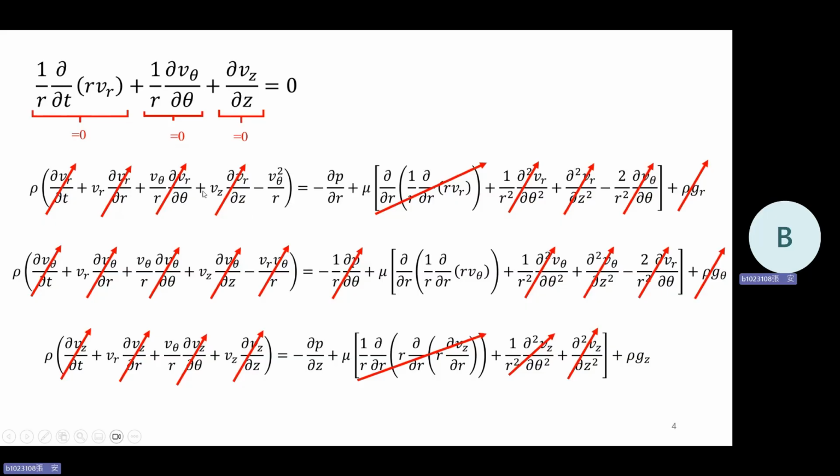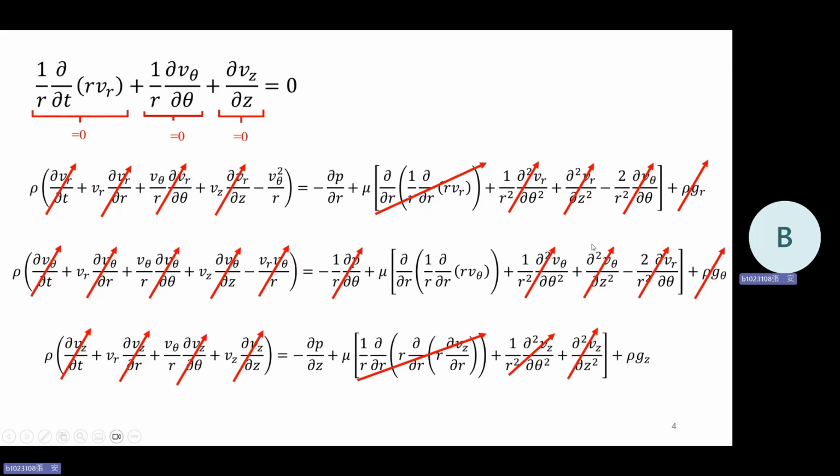Put into the Navier-Stokes equation, in the three directions r, theta and z. We look at the theta direction because v theta is a function of r.